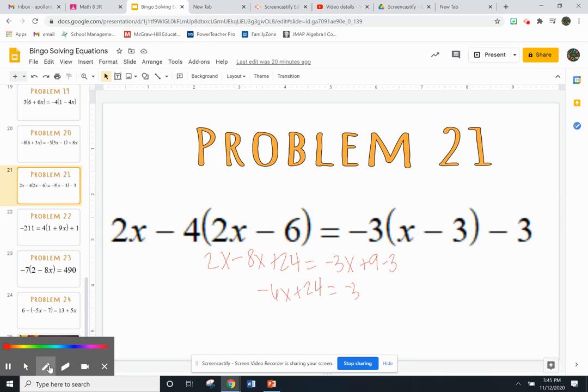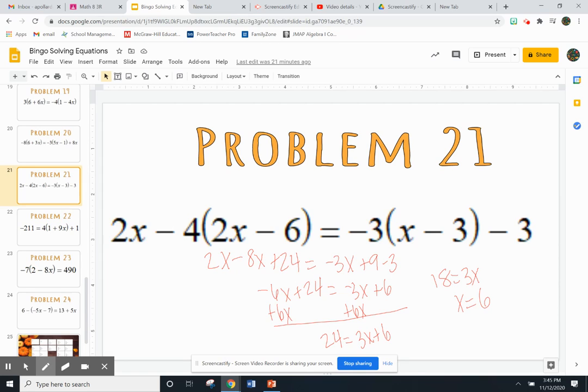Do everything on the right, we get plus 6. Add the 6x over, and we get 24 equals 3x plus 6. Subtract 6 from both sides. We get 18 equals 3x. Divide by 3, we get x is 6.